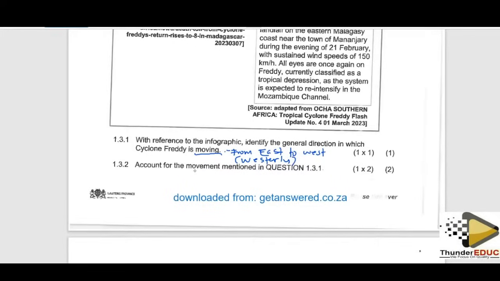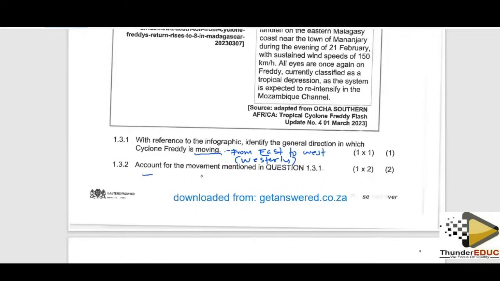All right. Then number 2, 1.3.2, they say account for the movement mentioned in question 1.3.1. Why is it moving in that direction? Why is it moving from the east going to the west?